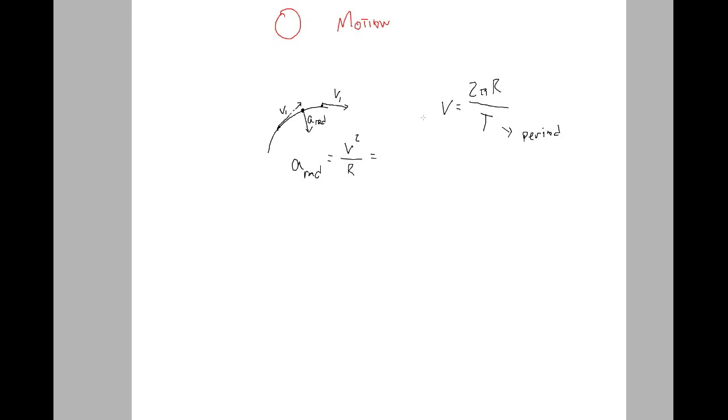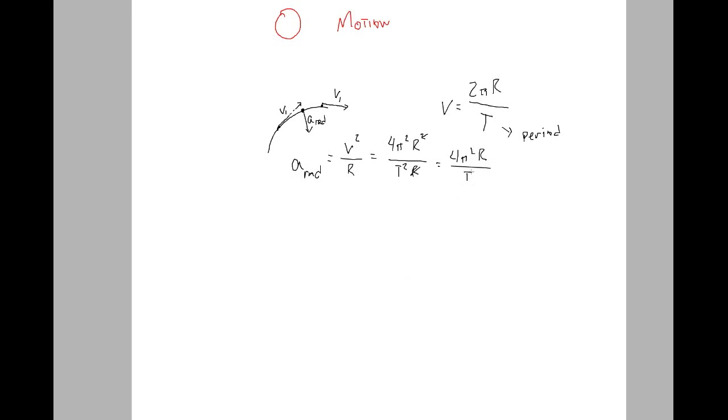So this also equals, well, now v is 2 pi r over T, squared, so this becomes 4 pi squared r squared over T squared r. So we see that one of our r's cancels, and we are left with 4 pi squared r over T squared. So that relates our radial acceleration to our period.